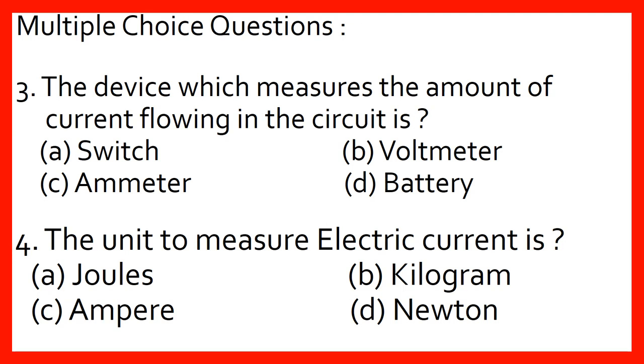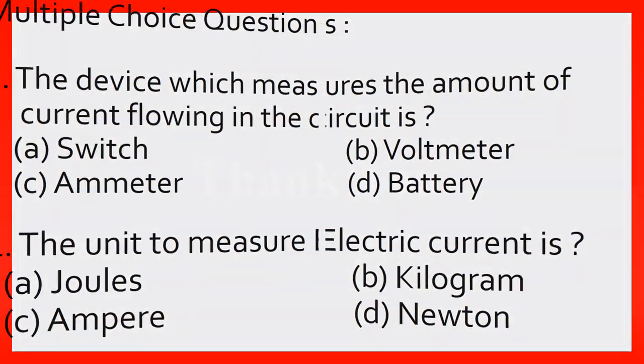Question number 4. The unit to measure electric current is option A, joules, option B, kilogram, option C, ampere, option D, Newton. Students, be careful while choosing the most appropriate option.